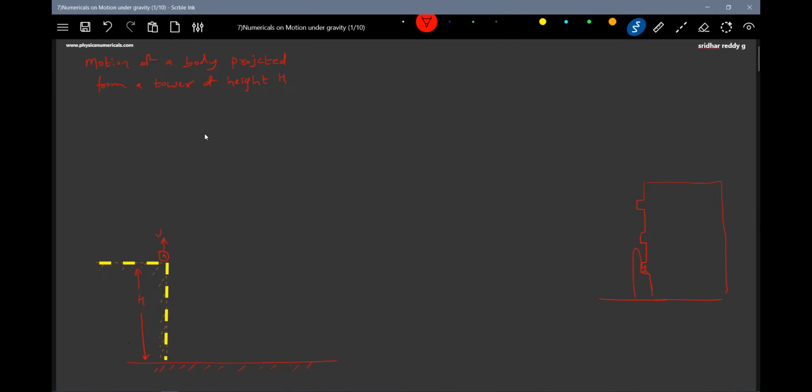From there you throw a ball, and the ball will go and strike the ground. We are discussing the motion of such a ball here, nothing big. High-rise building, or just a building, you write it. From here you throw a ball.